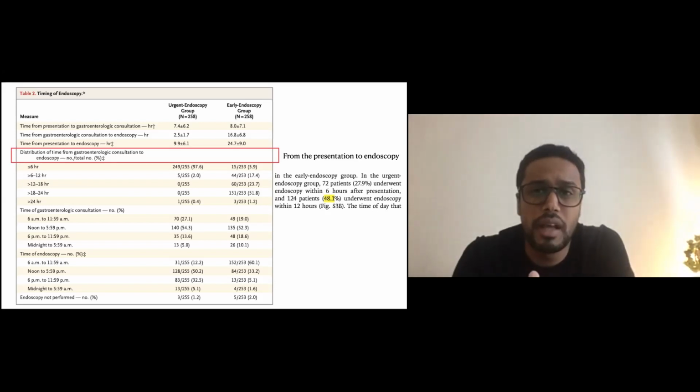But if you look at the timing of endoscopy from the presentation until they receive the endoscopy, which matters to us as emergency physicians, in the urgent group, where the patient is supposed to receive the endoscopy within 6 hours, we can see that 48% of them received the endoscopy after the 6-hour period.